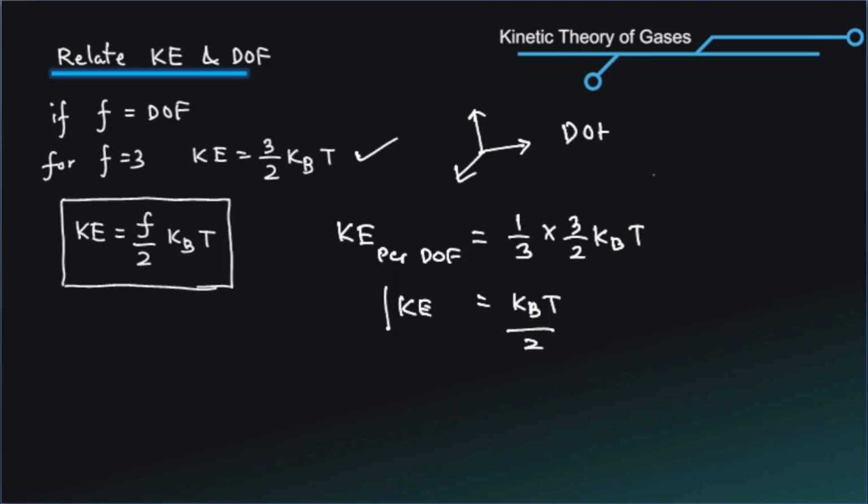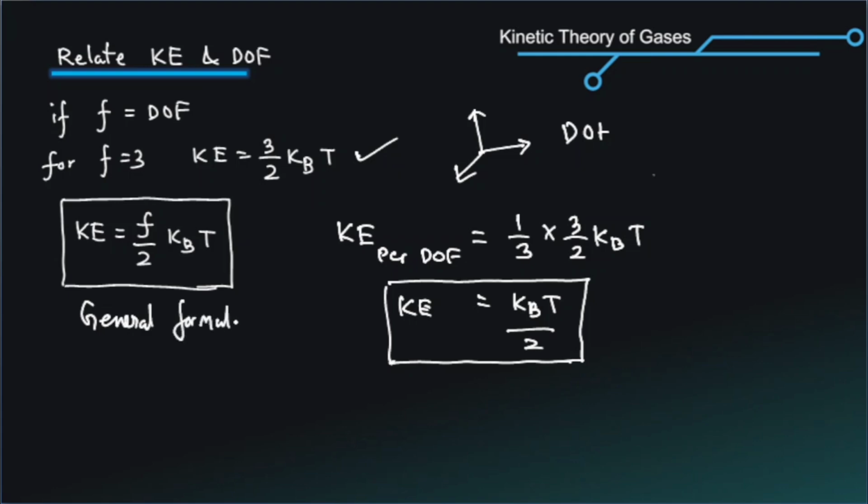Okay, this is the kinetic energy of gas molecules per unit degree of freedom. I hope that's clear. And this is the general formula. If you have been given the degrees of freedom, or a system where you can figure out the degrees of freedom, kinetic energy equals degrees of freedom by 2 into kBT.